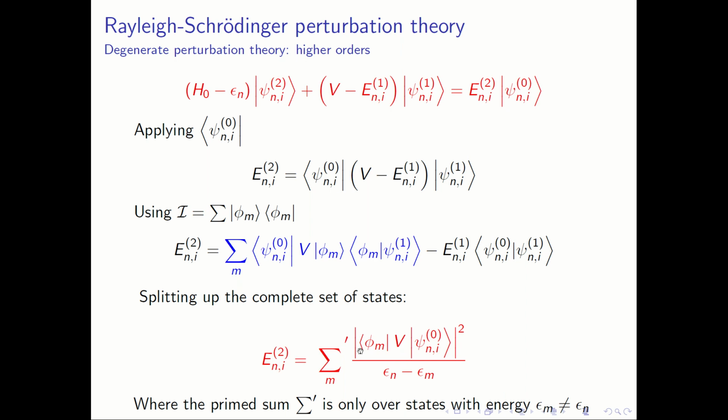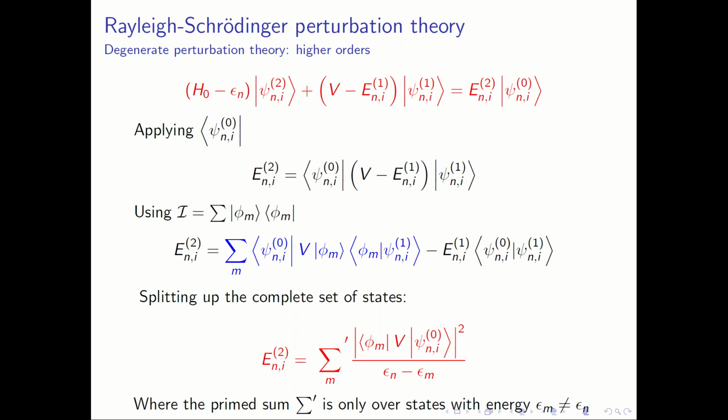You get a formula which looks very similar to what we had in non-degenerate perturbation theory. There we had phi m V phi n mod square by epsilon n minus epsilon m summed over all m. Here this looks very similar, except that instead of phi n you have psi 0 n i, so the ith one, whichever one you are talking about among the d possibilities.